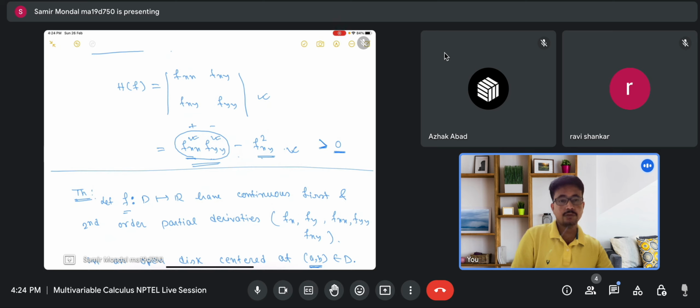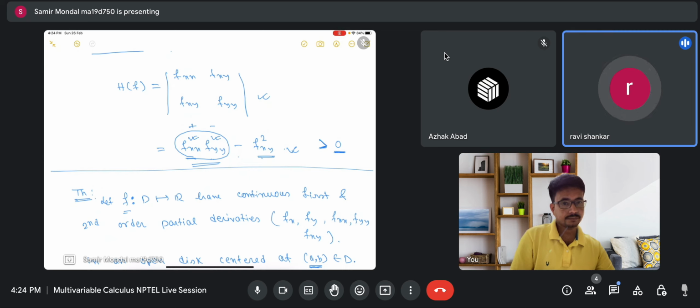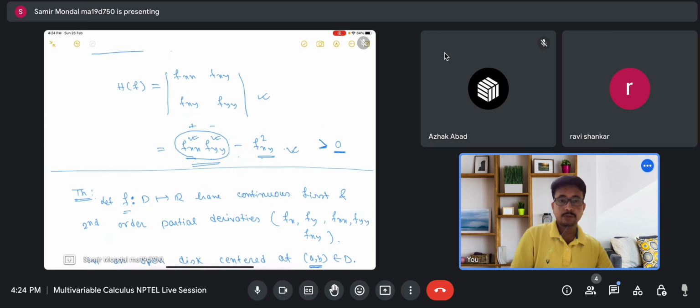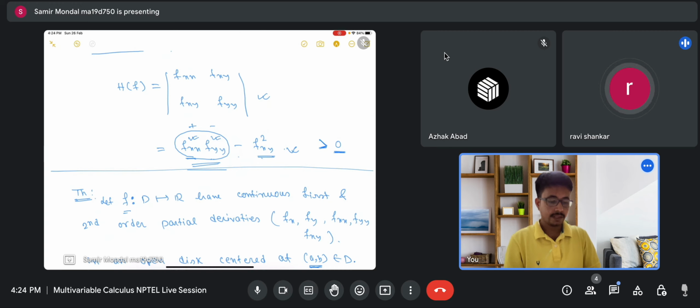That was my question. Why? Because f of xx and f of yy should be of the same sign. Suppose one is positive and one is negative, then this whole quantity will be negative, since this is a non-negative quantity. Is it clear? Yes, sir.